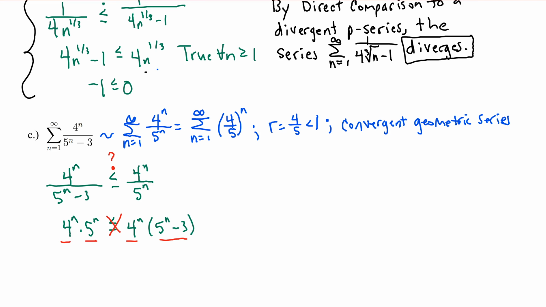I don't know if it converges or diverges. So I could begin working back through the other tools in the toolbox. How else can we determine if this converges or diverges? Although it's similar to a geometric series, it is not a geometric series. It is also not a telescoping series. So we can rule out those two tools. If we wanted to apply the divergence test, if we take a limit of the term of the series as n goes to infinity, the limit is going to be 0.